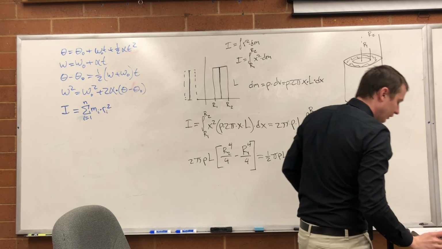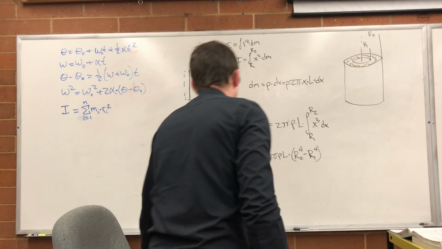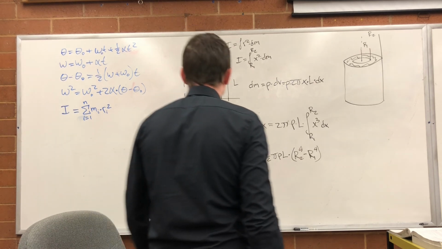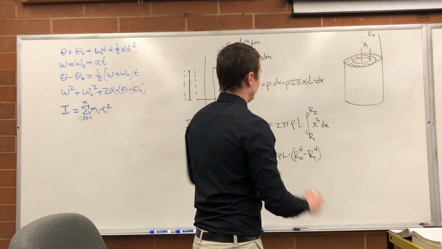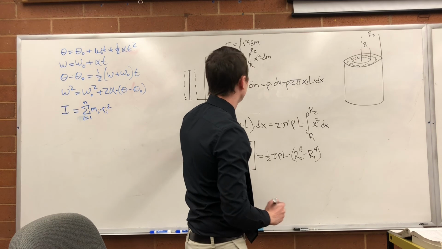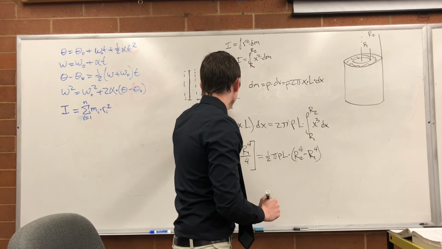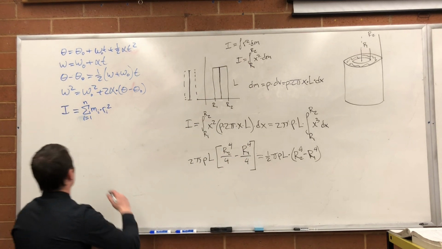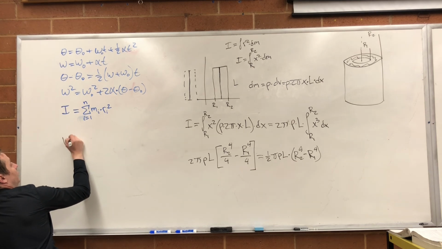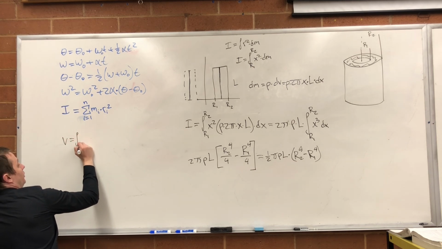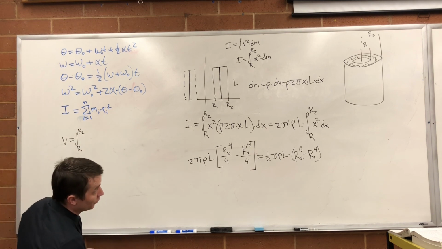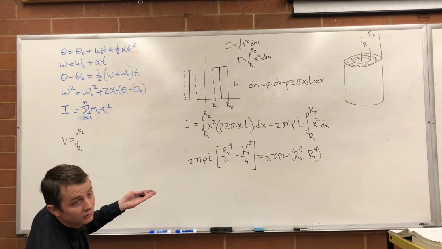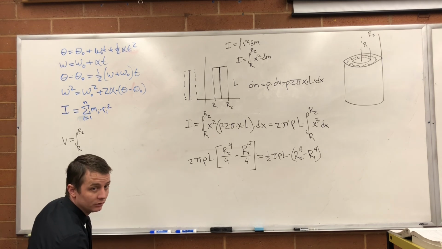Let's see. Okay, they want to rewrite it in terms of the volume and the total mass. So let's think about that. Let's just calculate the volume of the cylinder really quick. When we calculate the volume, V is going to be equal to the integral from r1 to r2 of dV, to find the volume.